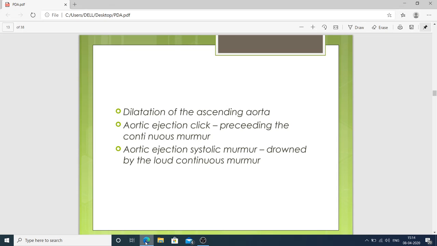Actually, aortic ejection clicks are high-pitched sounds that occur at the moment of maximal opening of the aortic or pulmonary valves. When the aortic valve and pulmonary valve open and close, that time the sound is produced, that is known as aortic ejection click. Then aortic ejection systolic murmur, it is also a sound drowned by the loud continuous murmur.